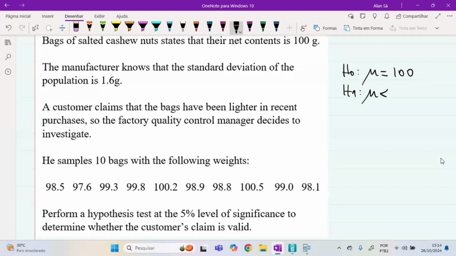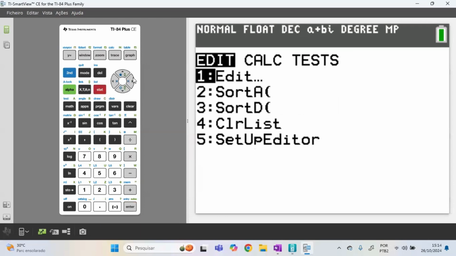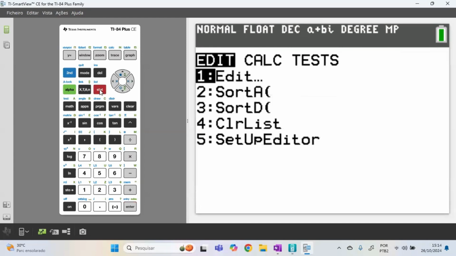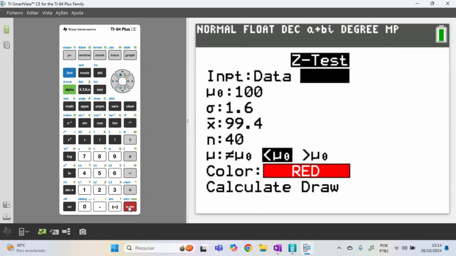So I'm going to repeat here the same hypothesis, and then go to the Texas calculator to put this information. We go to statistics, and then we go to edit. I've already inserted the information here. Then we go to statistics, tests, and this time when choosing z-test, rather than choosing statistics, we go to data.